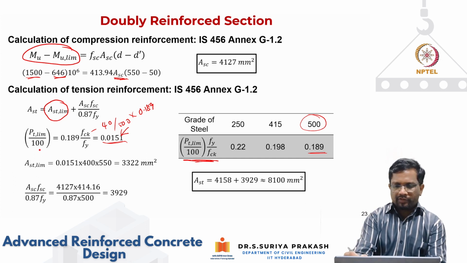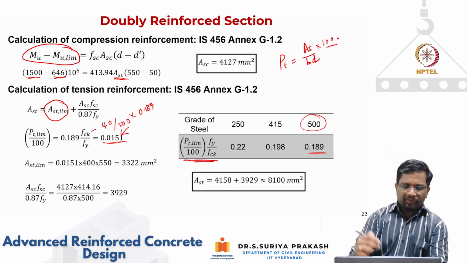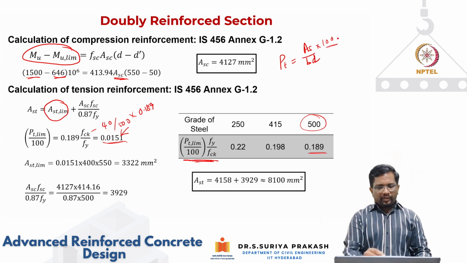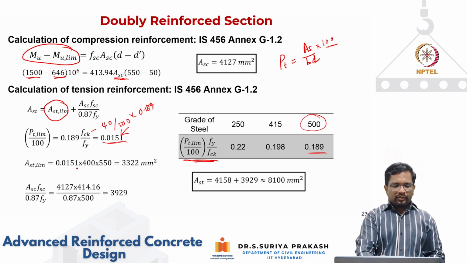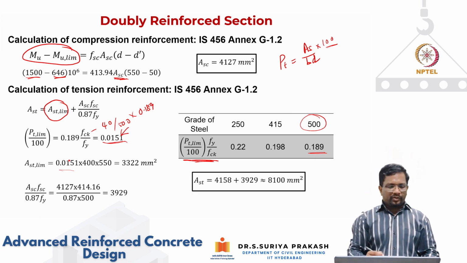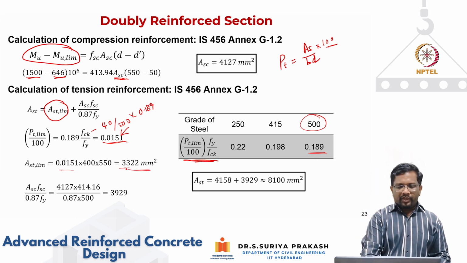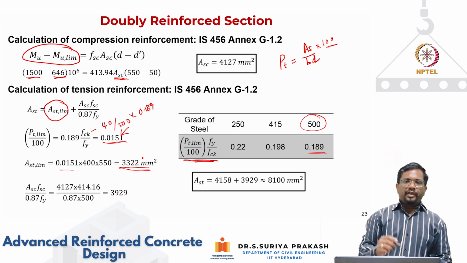Again we go back: what is the definition of pt? It is nothing but your As divided by b times d, and in fact it is multiplied by 100. Always it is expressed in terms of percentage, and that is why this 0.189 is given here. So if you substitute that 0.0159 multiplied by 400 times your effective depth of 550, you get 3322 mm squared as your limiting reinforcement.